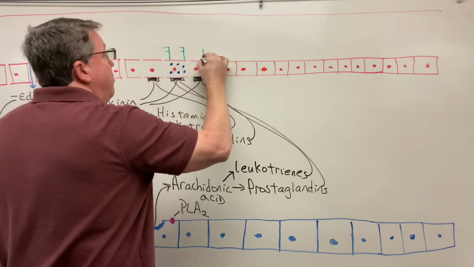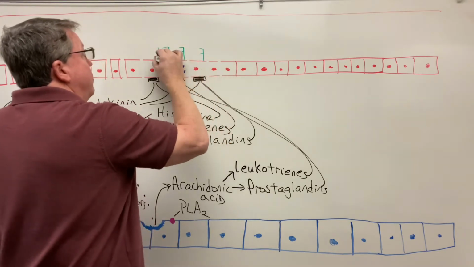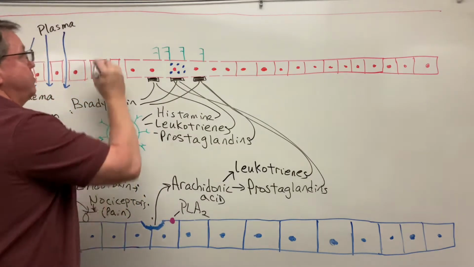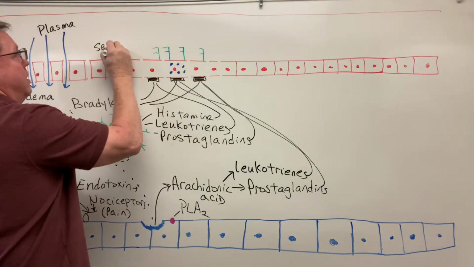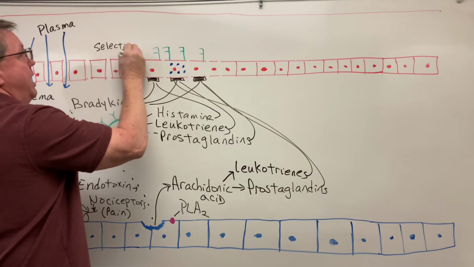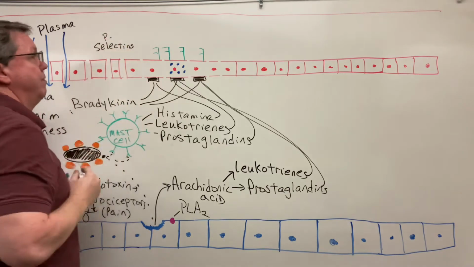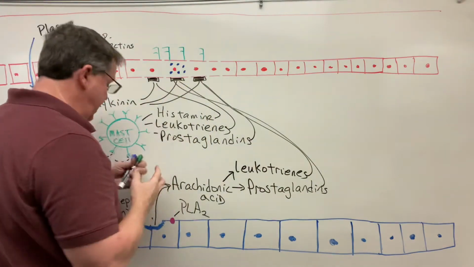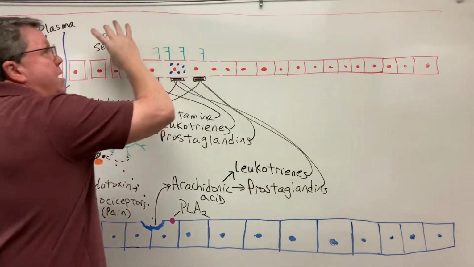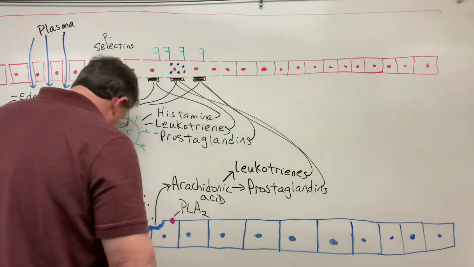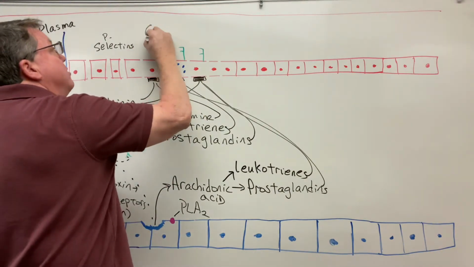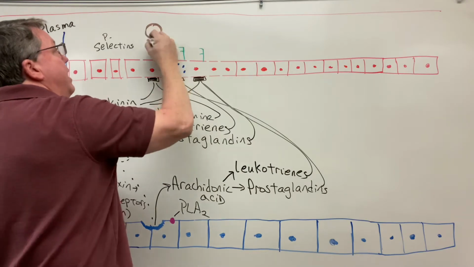Okay, and these are basically receptors. We call these selectins. Okay, and in this case, these are called p-selectins. Now, if you notice, they look like a backwards F, right? Well, you have white blood cells that are coming through this area now. You have monocytes, right?